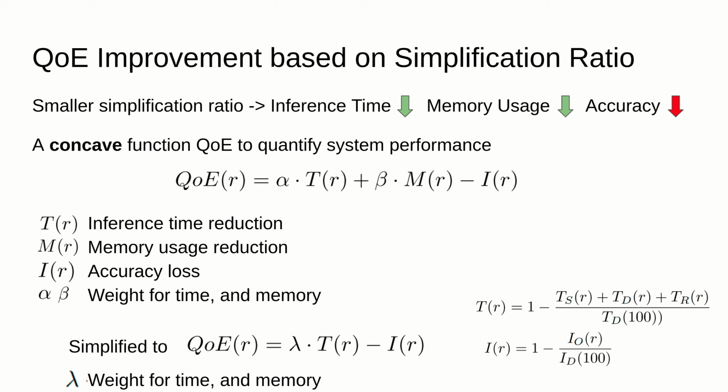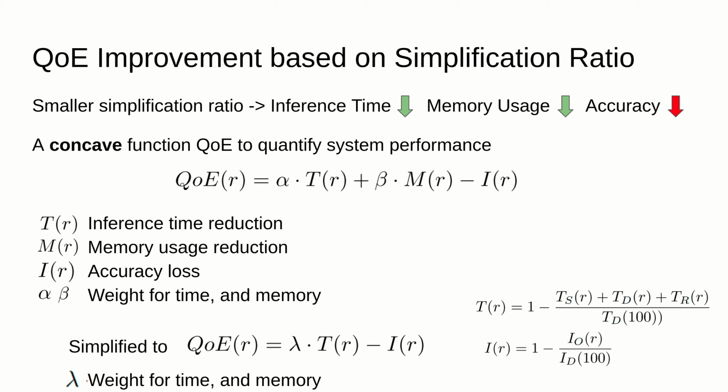Specifically, our QoE is based on the simplification ratio and is defined as alpha times TR plus beta times MR minus IR, where TR is the inference time reduction, MR is the memory usage reduction, and IR is the accuracy decrease. Alpha and beta are the weights for time improvement and the memory improvement.